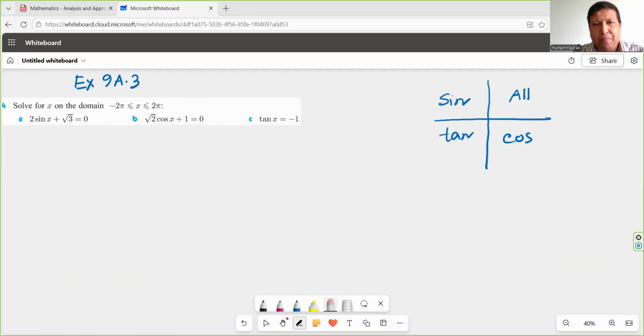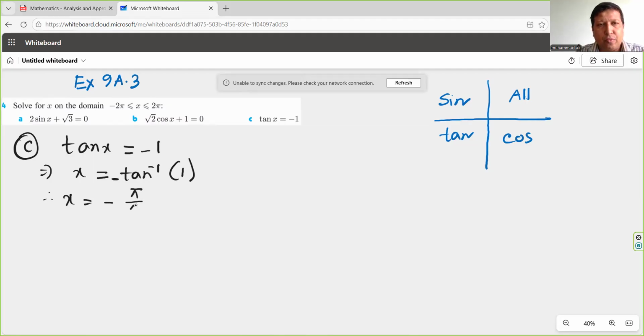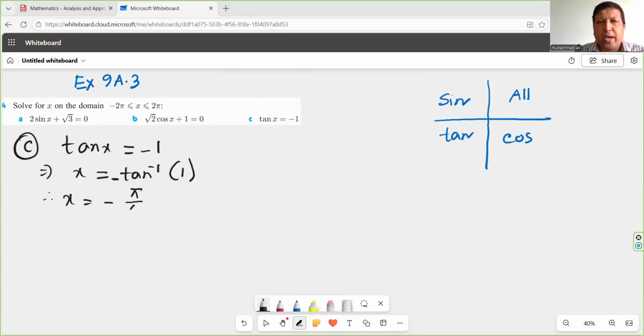Question number 3. tan x equals minus 1. So x equals tan inverse 1. Keep minus outside. Therefore, we will get x equals minus pi by 4.